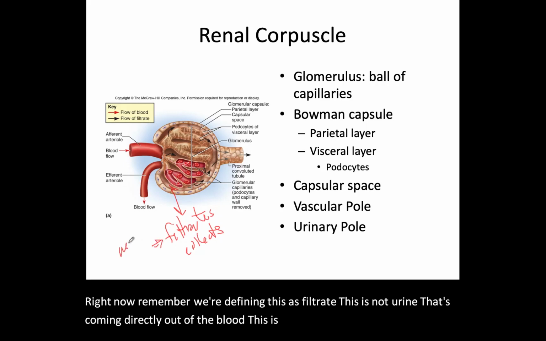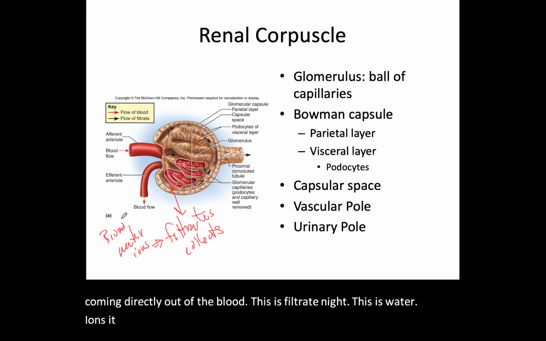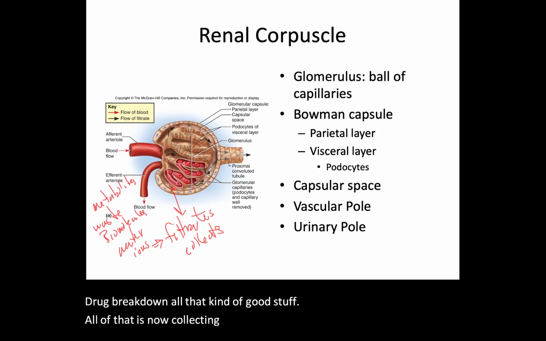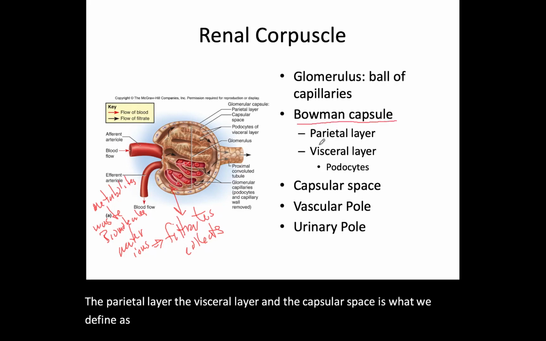This is water, ions, biomolecules, waste, other metabolites, drug breakdown, all that kind of good stuff. All of that is now collecting within that capsular space. Collectively, the parietal layer, the visceral layer, and the capsular space is what we define as Bowman's capsule.